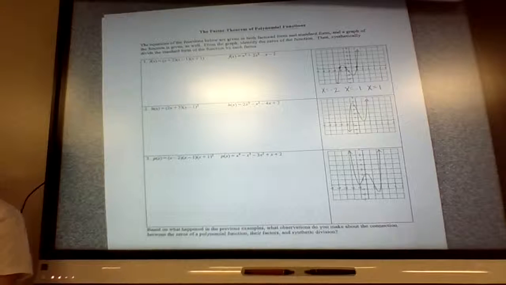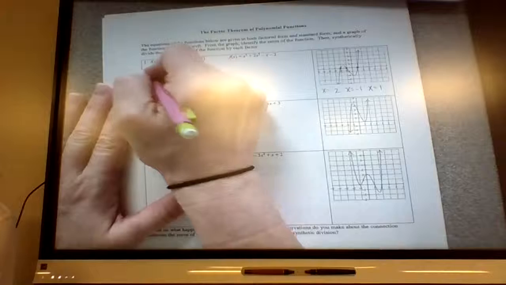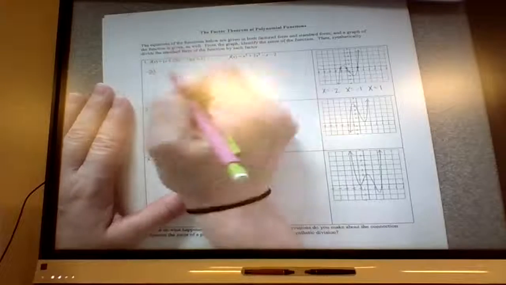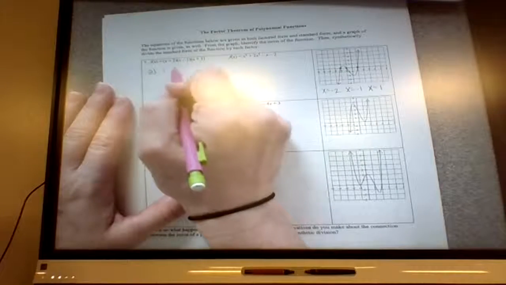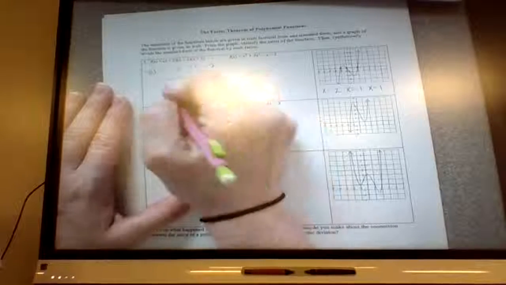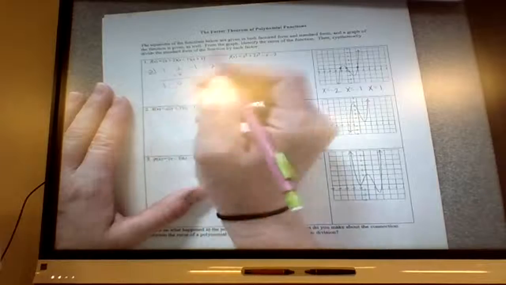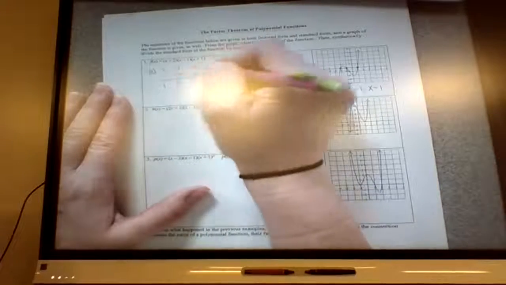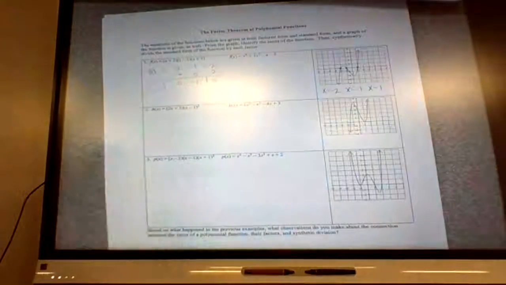0, right. If they're actually truly factors, the remainder is going to be 0. So we'll just do this first one real quick. Let's see, I'm going to divide by -2. 1, 2, -1, -2. And looky there.